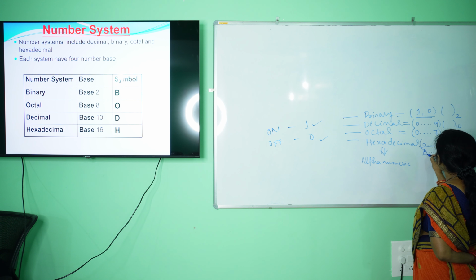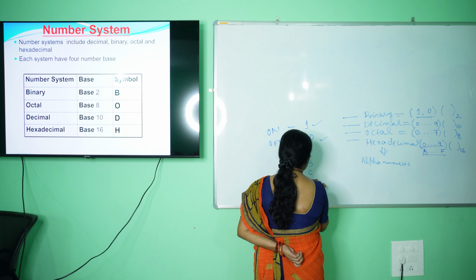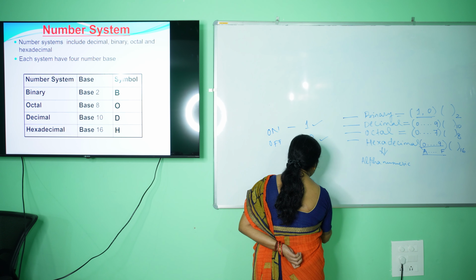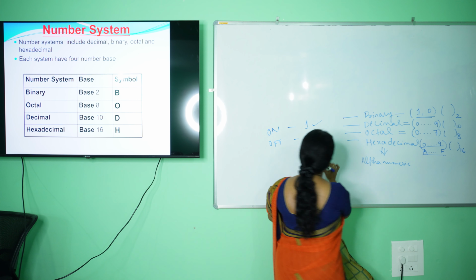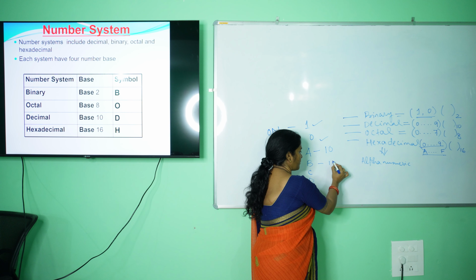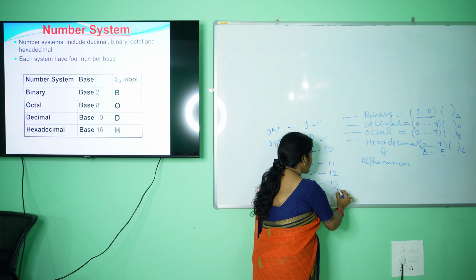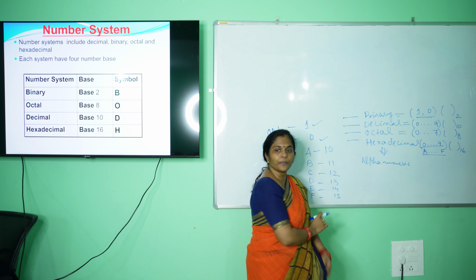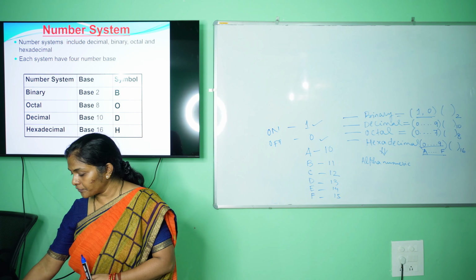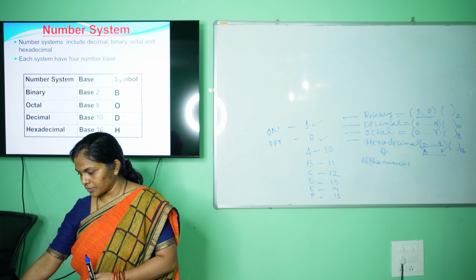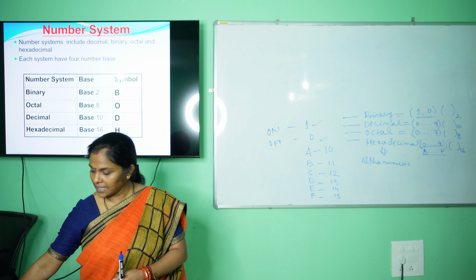But here A to F is again represented as A, B, C, D, E, F. 6 alphabets are there. A is represented as 10, B is represented as 11, C is represented as 12, then 13, then 14, then 15, up to 15. So these are the 4 number systems that we are using in digital electronics, with base 2, base 10, 8 and 16.